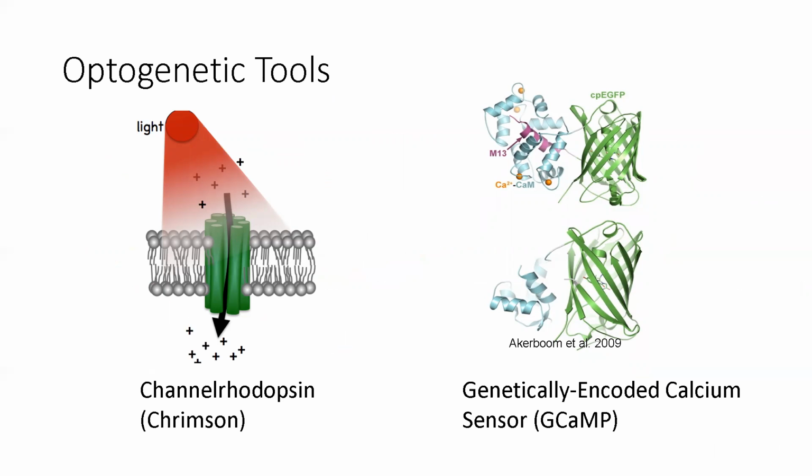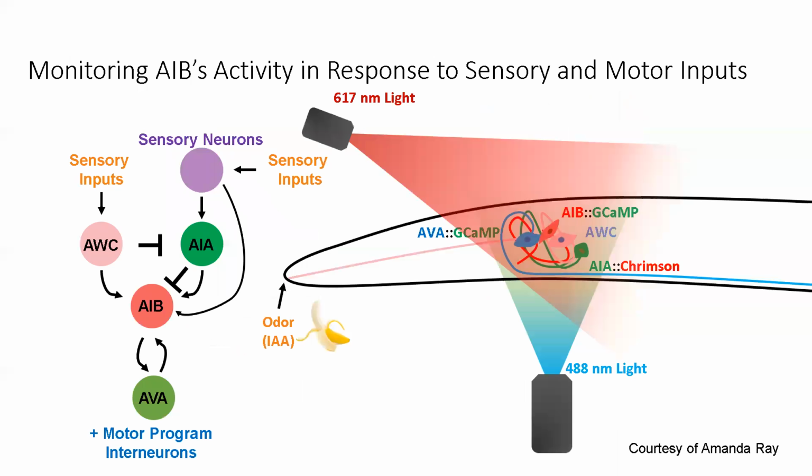On the right, we have a genetically encoded calcium sensor. It's a GFP, which is a green fluorescent protein, and it's attached to a calmodulin protein. This means that when calcium enters the cell in response to some sort of input that's activating the cell, this will change the conformation of the protein, and it allows the green fluorescent protein to fluoresce under the 488 nanometer light.